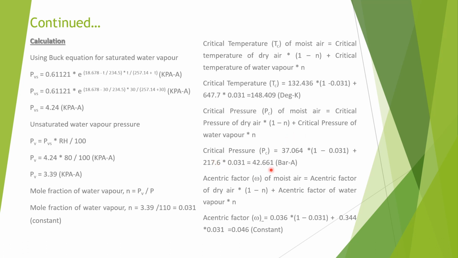Putting in all these values, critical pressure comes as 42.661 bar absolute, and eccentric factor omega of moisture is equal to eccentric factor of dry air into bracket start 1 minus n bracket close plus eccentric factor of water into n. Putting in all these values, eccentric factor omega comes as 0.046.